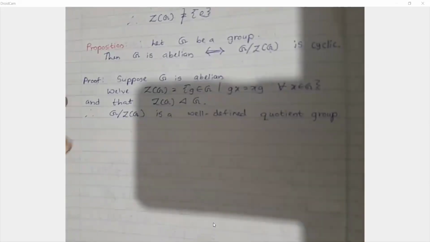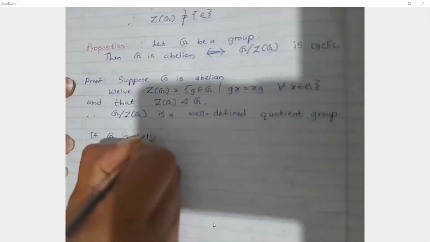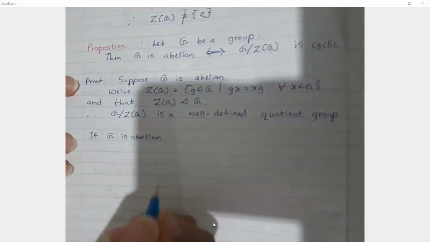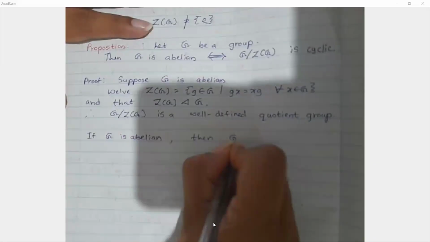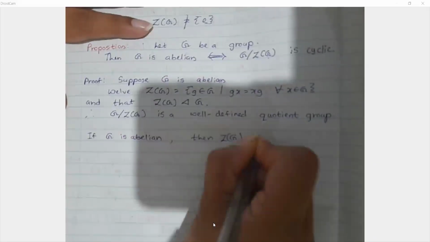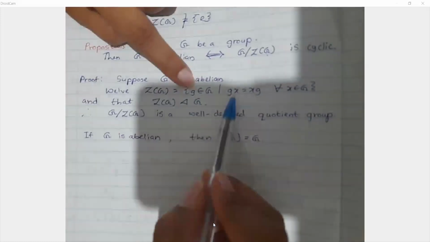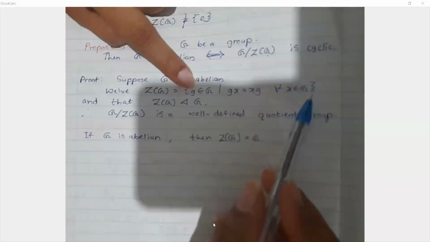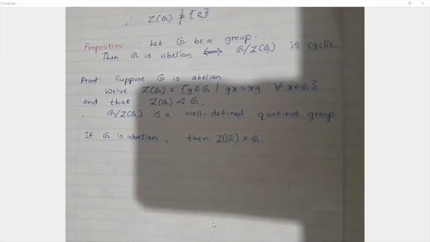Let me write. If G is abelian, then the center of G is equal to G itself. If you look at the definition, we take every g in G such that gx equals xg for all x in G. G abelian means any pair of elements would commute under the given binary operation.